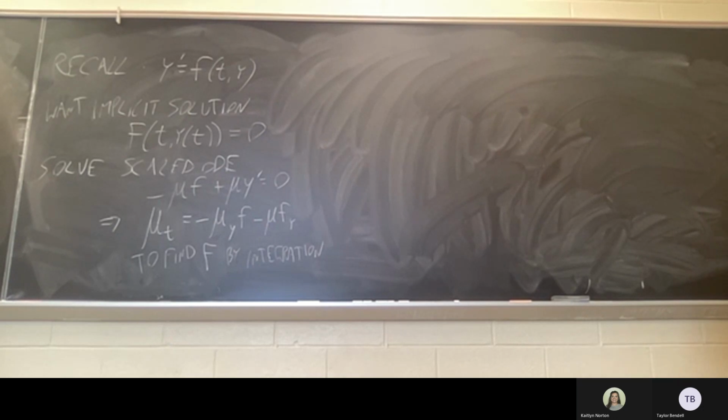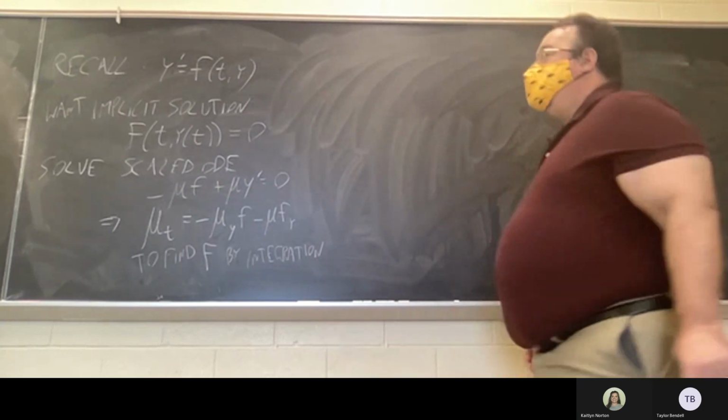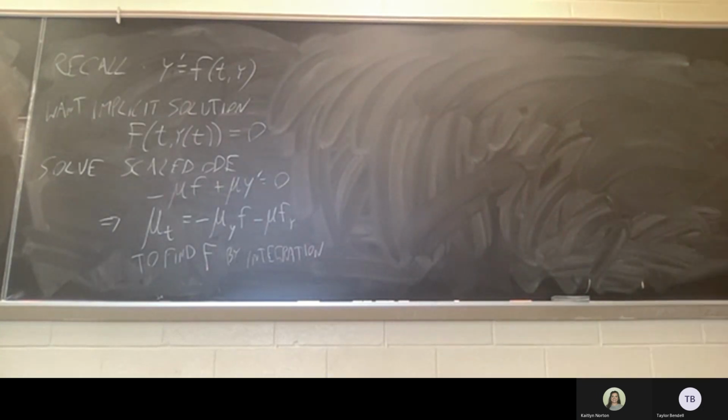Now, in general, for a general ODE of this kind, an integrating factor mu would be extremely difficult to find. But we're just going to focus on a couple of special cases of ODE where we can get a hold of mu.